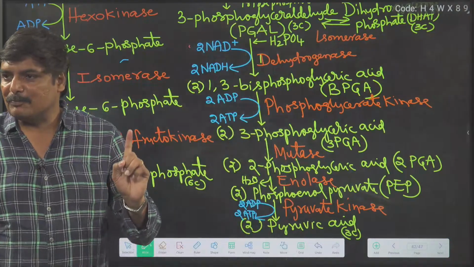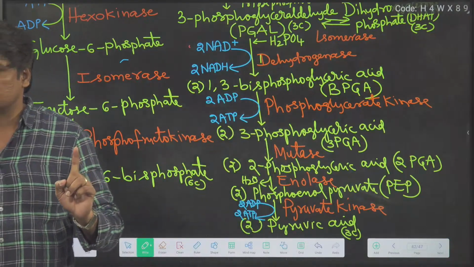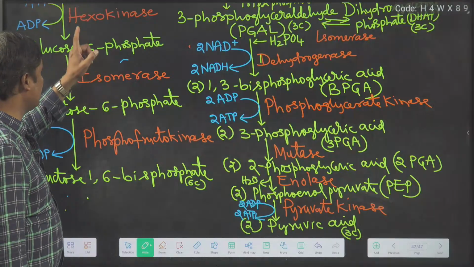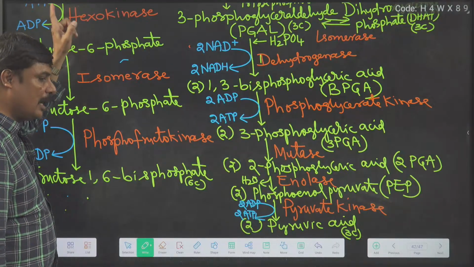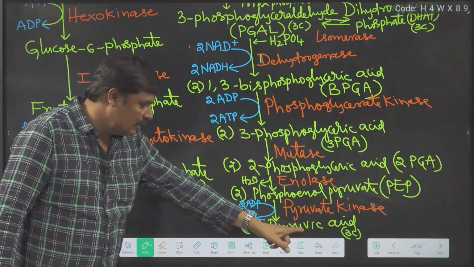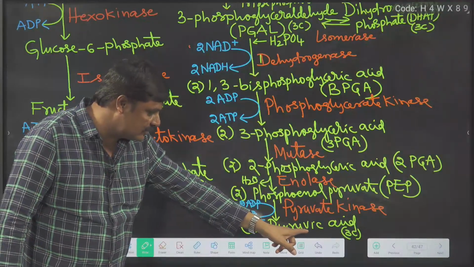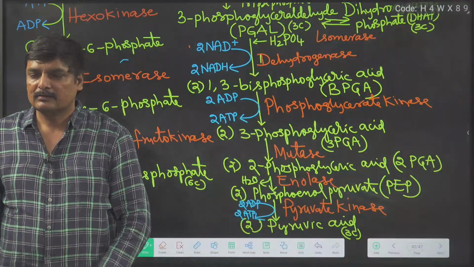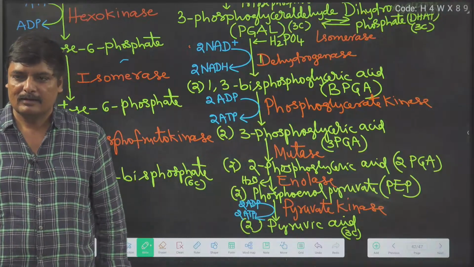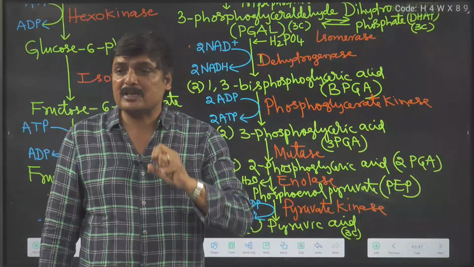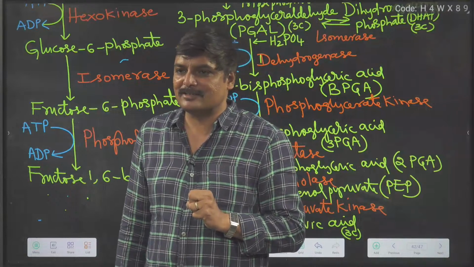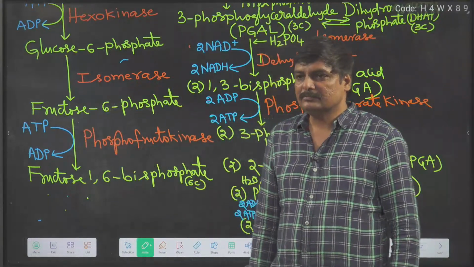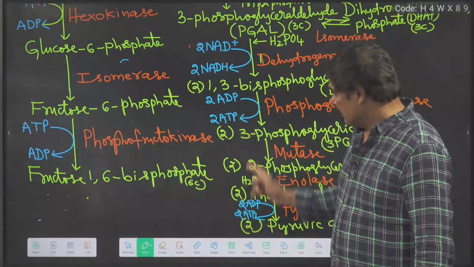So, the substrate for glycolysis is glucose or fructose, and the end product of glycolysis is pyruvic acid. Okay. So, how many steps are involved in glycolysis? Totally 10 steps.